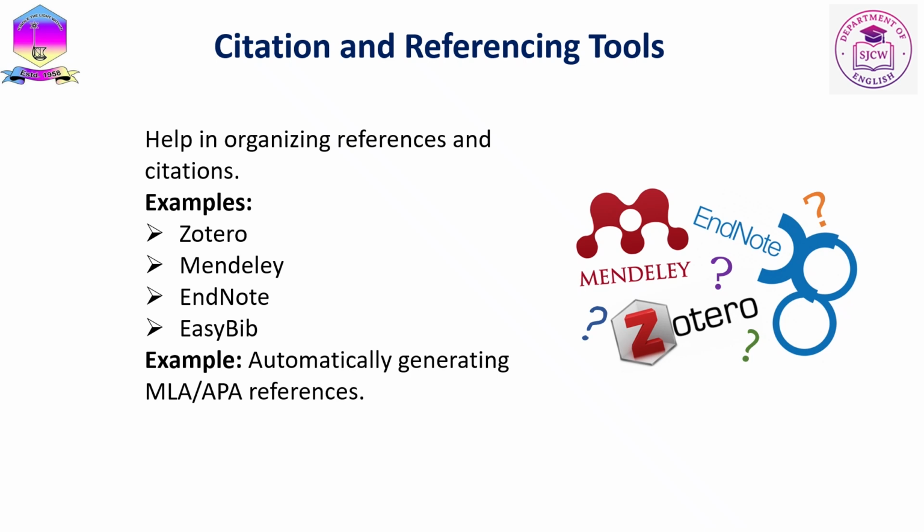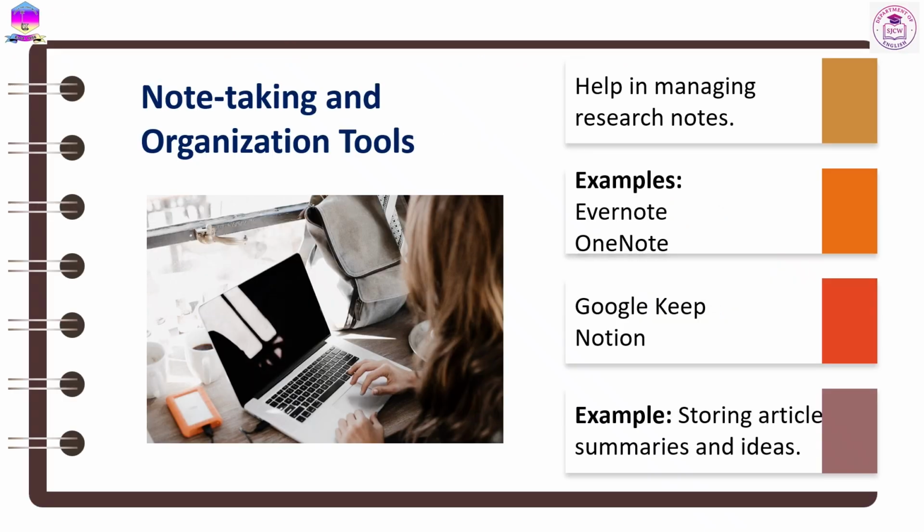You can give the prompt, whether you want it in MLA format or APA format. It will give the citations, the quotes which you have quoted, in your reference section. It will reformat it according to whatever style you want. So that is one of the digital research tools used for citations.